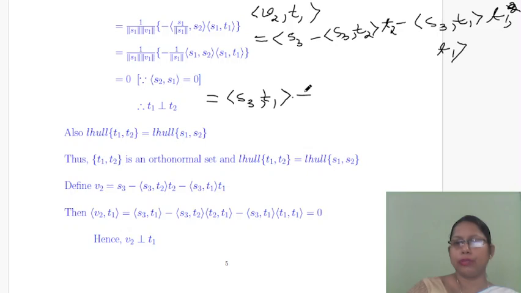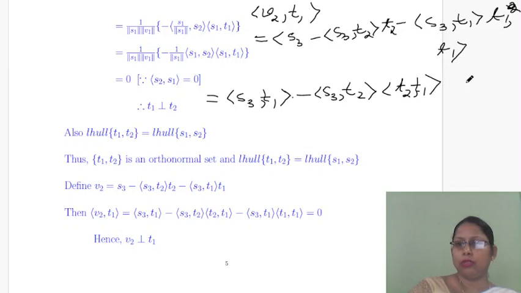Since this inner product can be taken outside, I can write this as the inner product of S3 T2, inner product of T2 comma T1, minus the inner product of S3 comma T1, inner product of T1 comma T1.